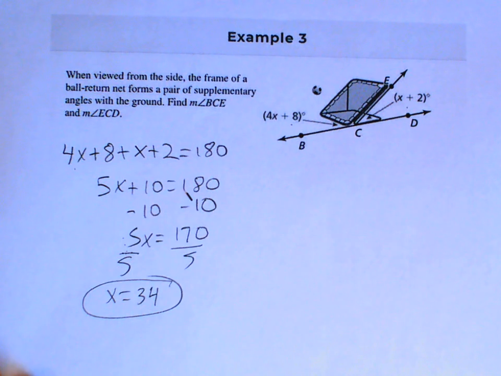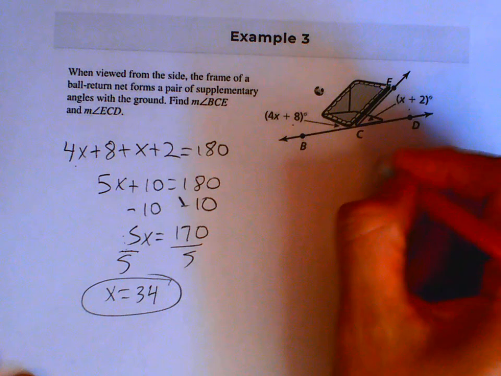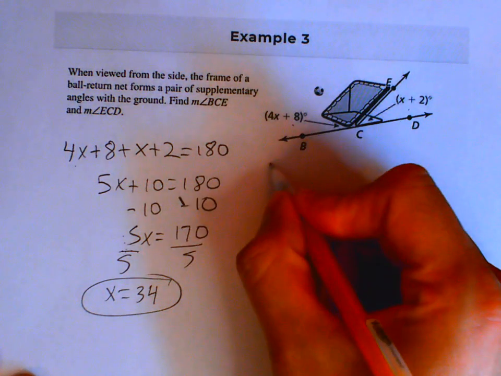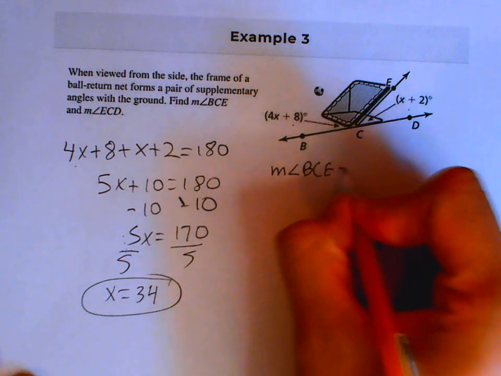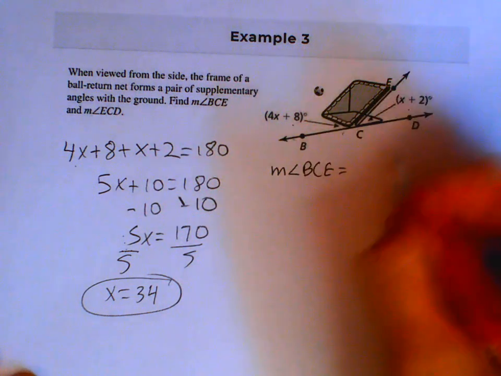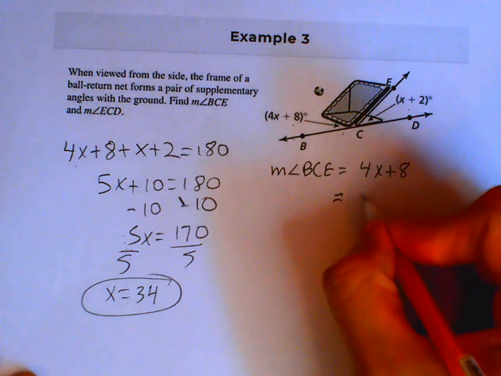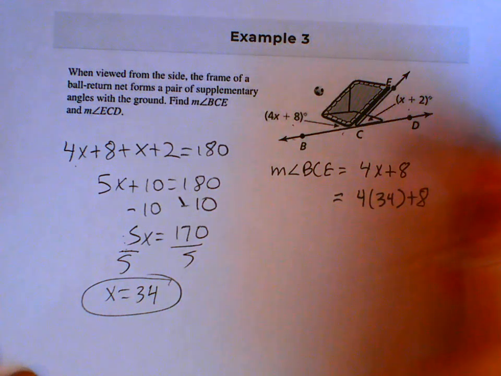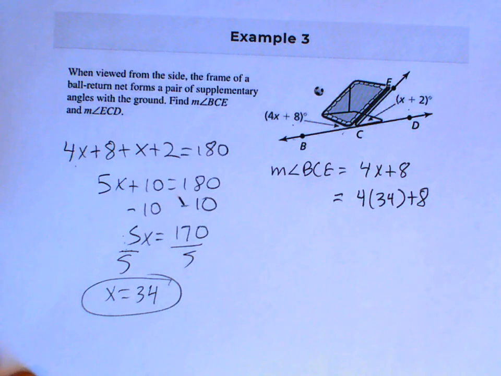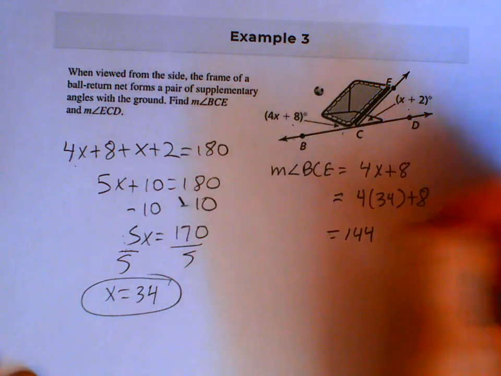But they're asking me for the measurements of both angles. So I have to go back and figure out what that's going to be. The measure of angle BCE is 4x plus 8. So I'm going to substitute that value in that place. Calculate that, and that's going to give me 144.